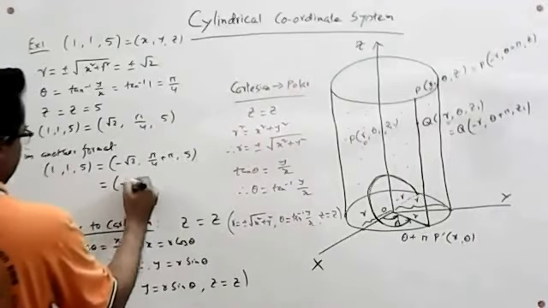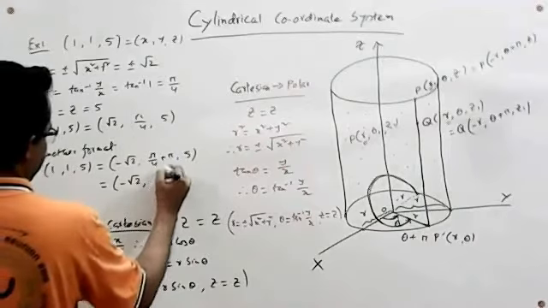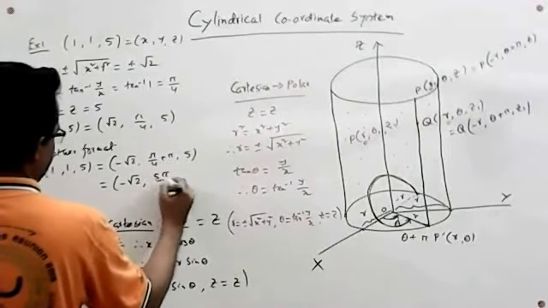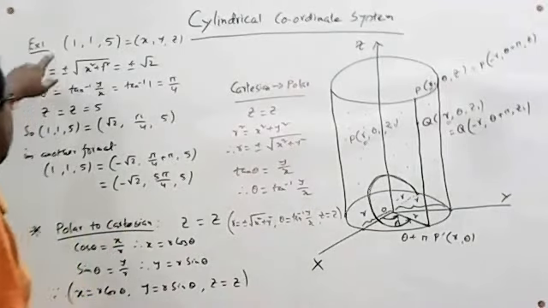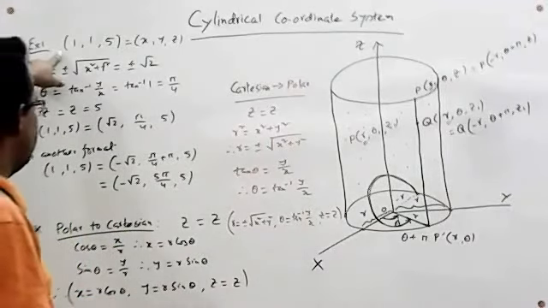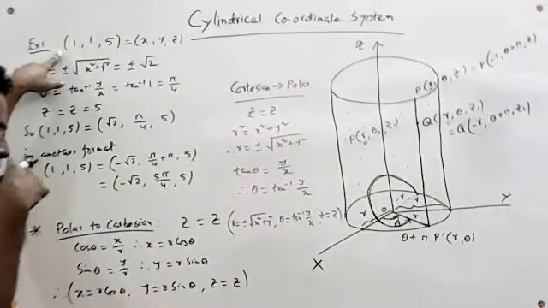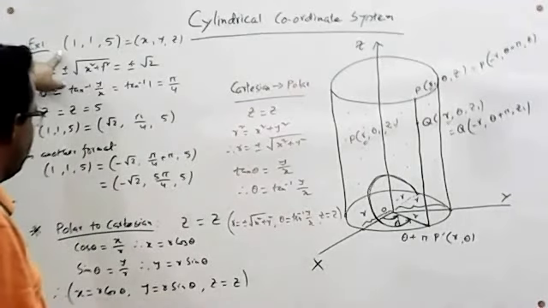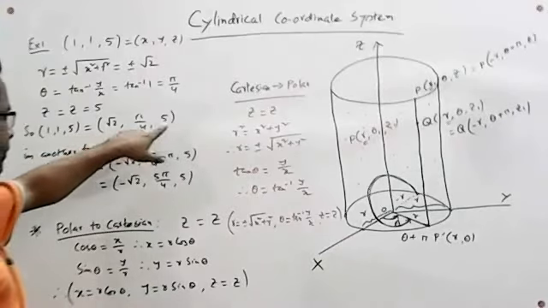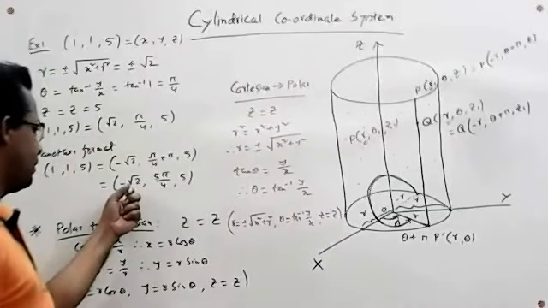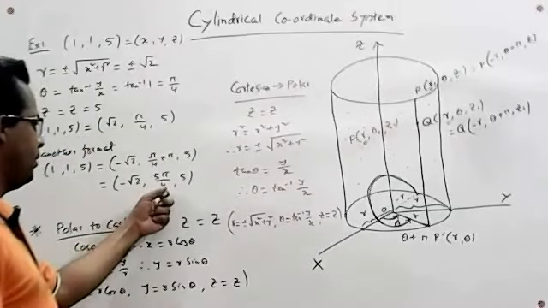So we have minus root 2, 5 pi by 4, and 5. So for the Cartesian point (1, 1, 5), we can shift this point to polar form in two ways: one is root 2, pi by 4, 5, and another is minus root 2, 5 pi by 4, and 5.